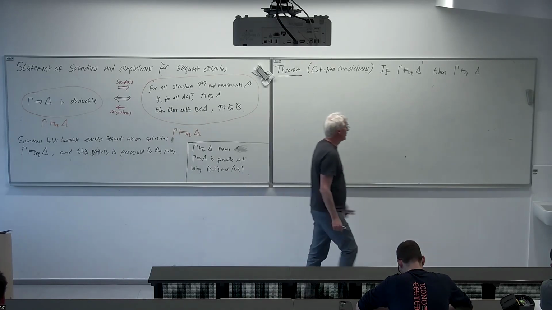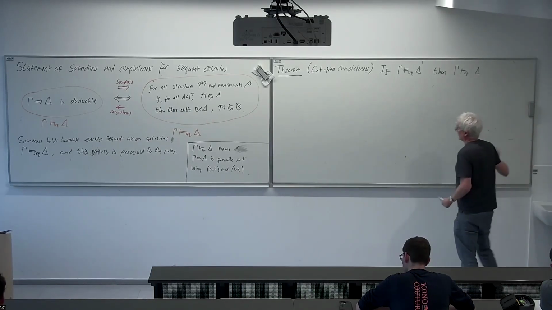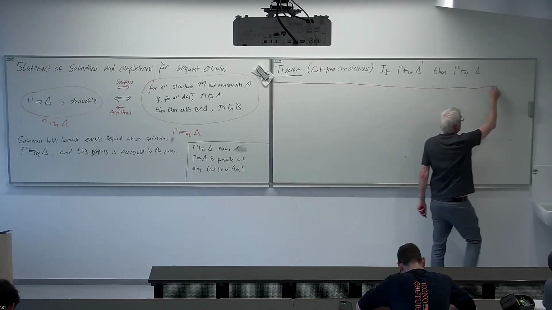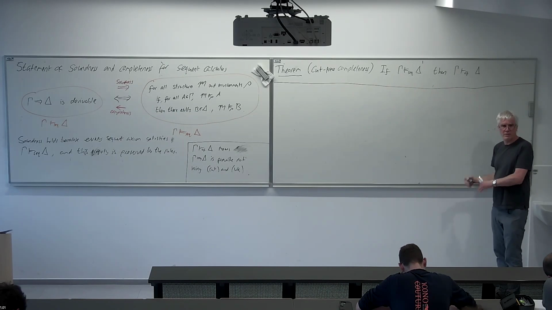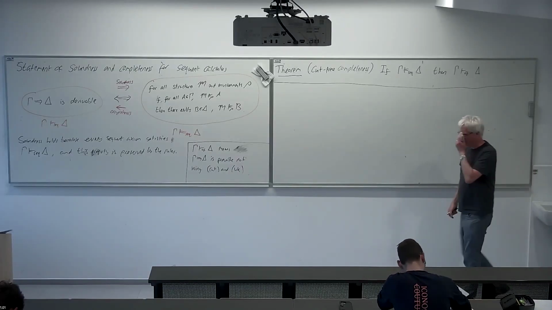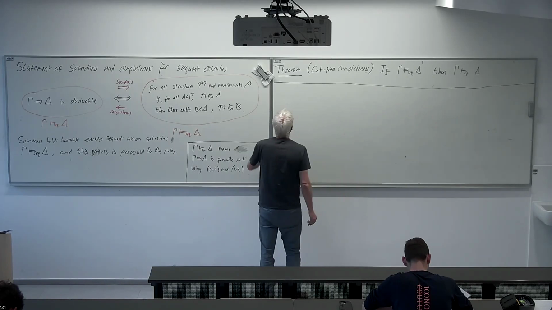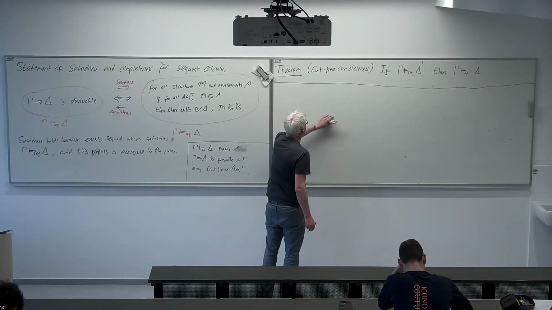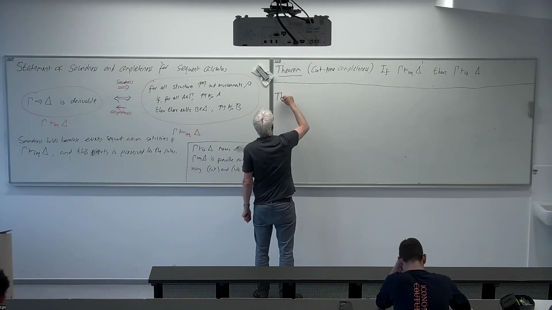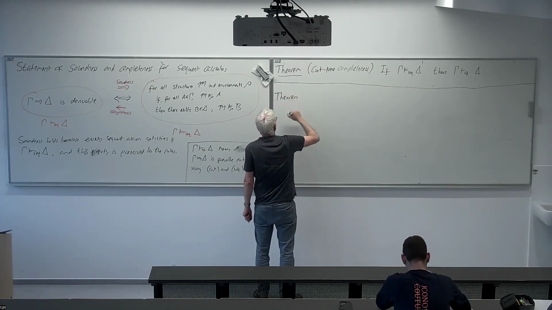So neither of those rules is used. As a consequence of this, we get the property that you don't need the cut rule. If you can prove something with the cut rule, you can prove it without the cut rule. And if you can prove something with the weakening rule, you can prove it without the weakening rule. We'll just state it for cut.